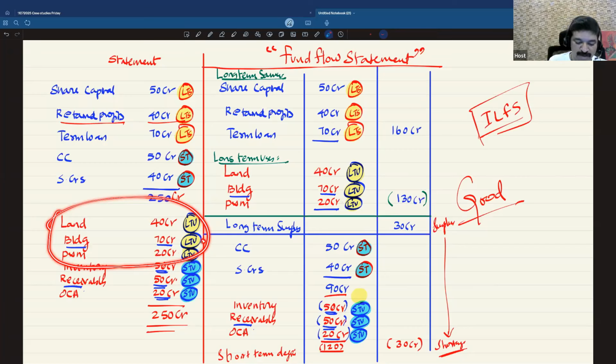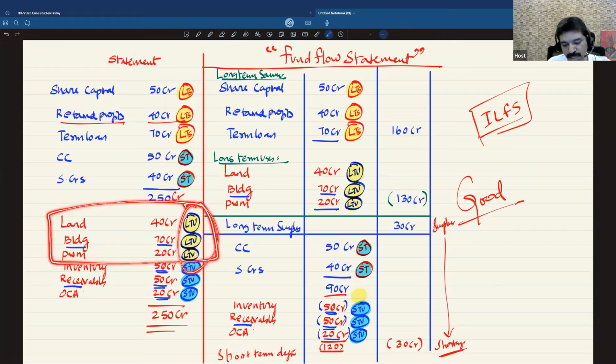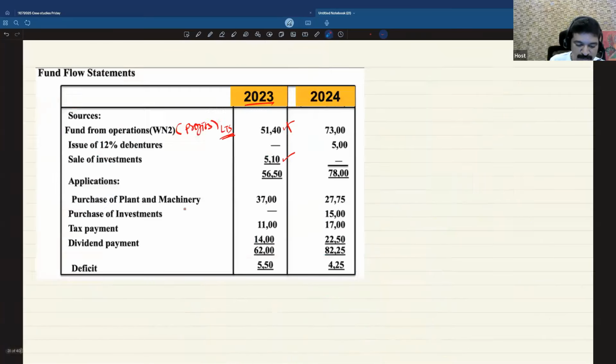If purchase of long-term assets is long-term use, that is money going out, then the sale of it is money coming in. So on that logic, we are also bringing the sale of investment under long-term source. So in 2023, their total long-term source is 5,650. The figures are in thousands or lakhs.